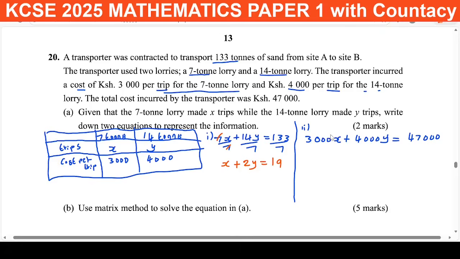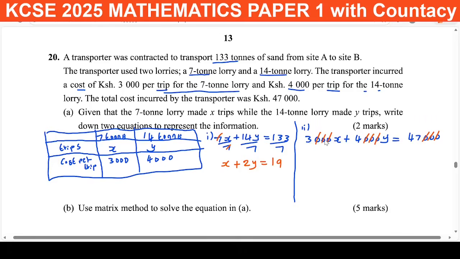So I'm dividing by 10 to remain with 300, dividing by 10 to remain with 400, dividing by 10 to remain with 4700. I divide by 10 again and again, and by that you are done with the zeros.